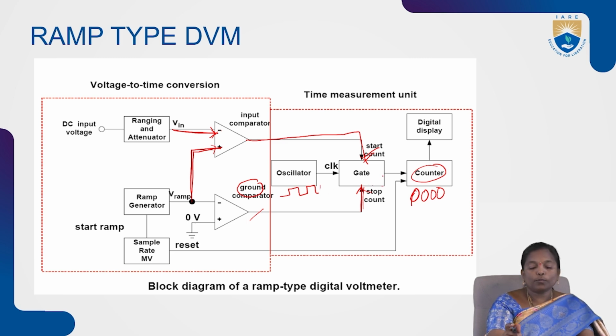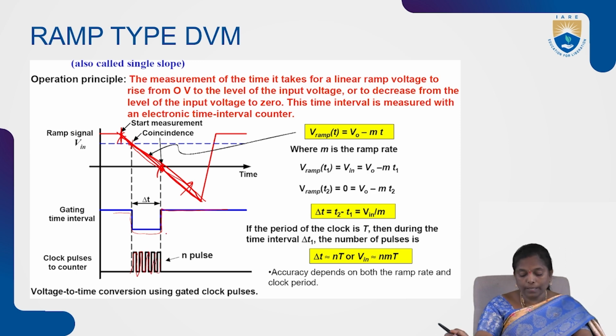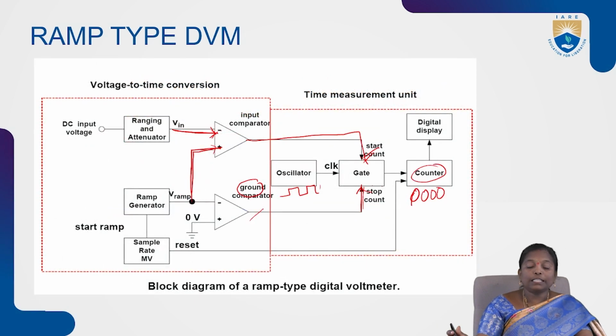stopped. So during the time interval from the start position to the stop position, whenever the gate is opened, the number of clock pulses passing through the gate will be counted by the counter, and that is displayed on the display unit.